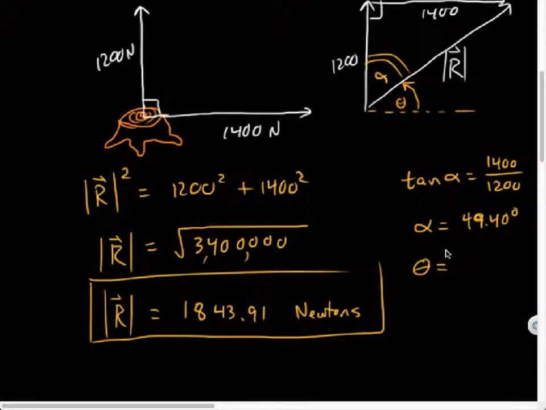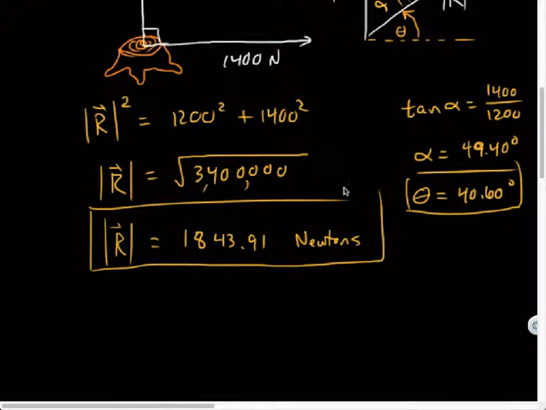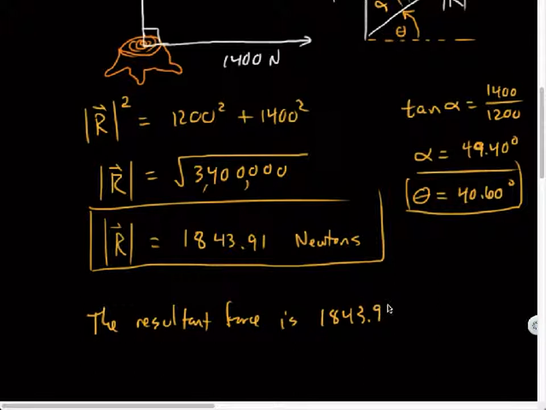Yeah, 90 minus that, I actually would get 40.60 degrees for theta. So if I wanted to communicate that in some sort of direction, I would say that the resultant force is 1,843.91 newtons at 40.6 degrees north of east.